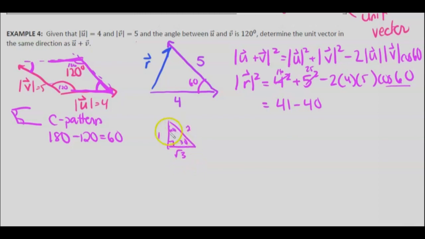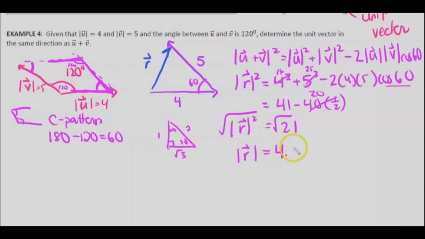Okay, so the cos of 60 is 1/2. Okay, 1/2 of 40 is 20, so we get 21. Okay, so root both sides, we get the magnitude of vector r is going to be root 21, or in other words, 4.58. Okay, that's going to be the magnitude right here, 4.58.